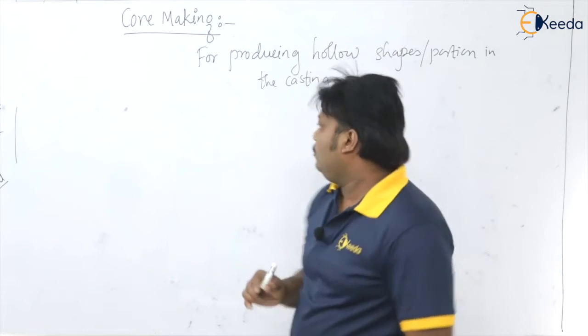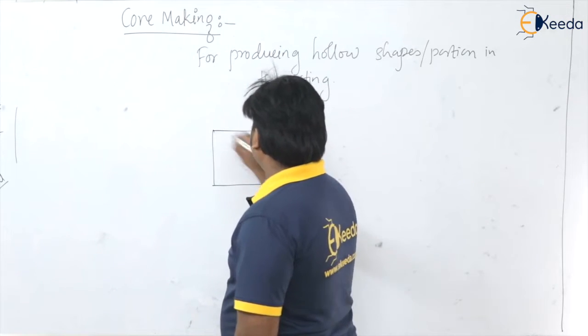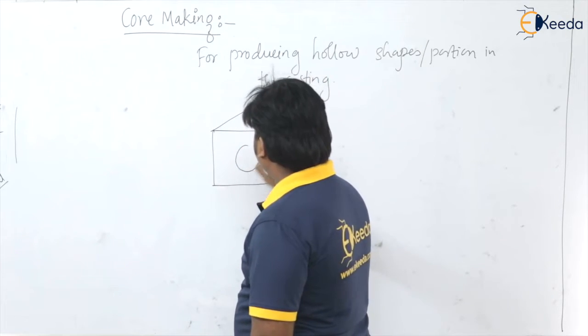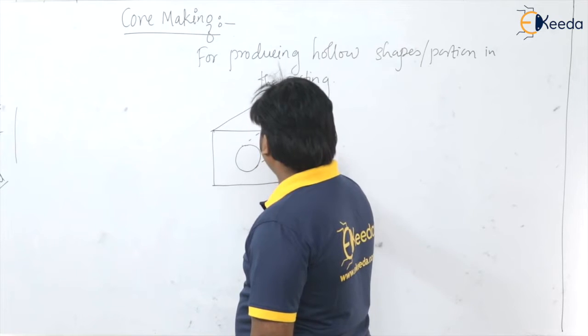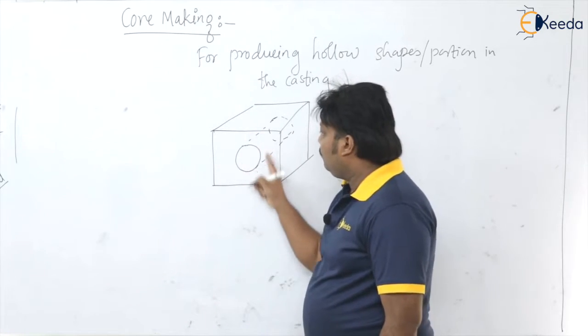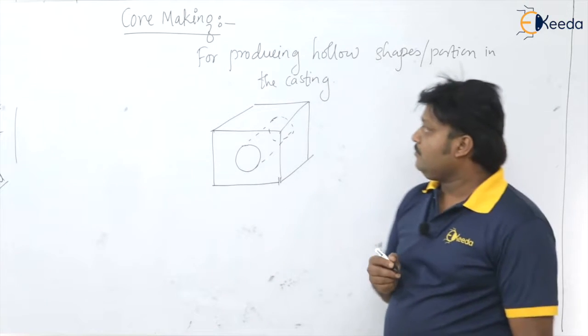Suppose this is our casting and I have to produce this hollow part. To produce this hollow portion in the casting, we use the cores.